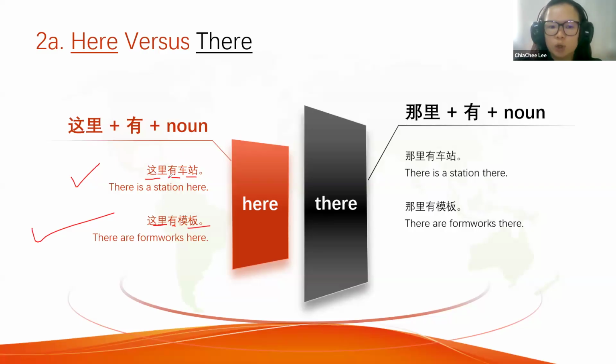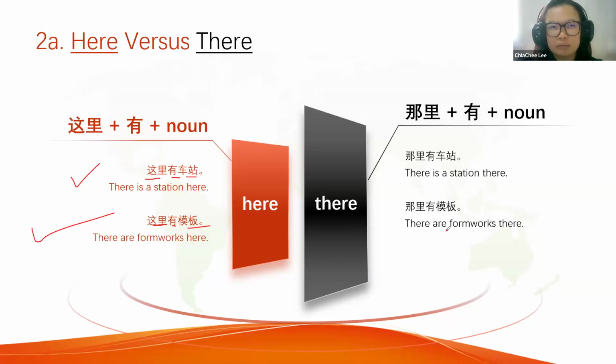This is just a simple sentence to demo 这里有车站 and 这里有模板, which is nearby to the speaker, which is me. And over there, 那里有车站, there is a station there. At Dungun, 那里有车站; at Gombak, 那里有车站; at Genting, 那里有车站. So I'm saying that there is a station at Dungun and a station at Genting. Also we can say 那里有模板, there are form words there.